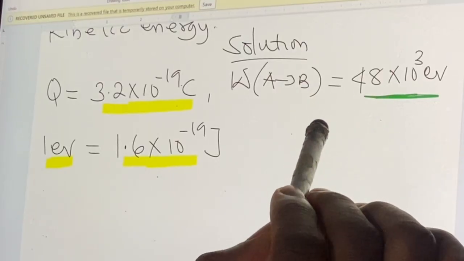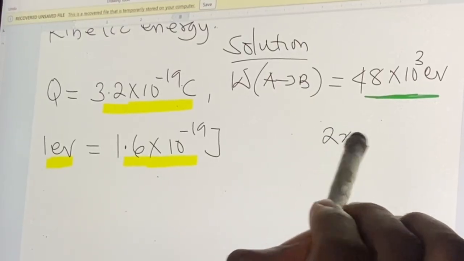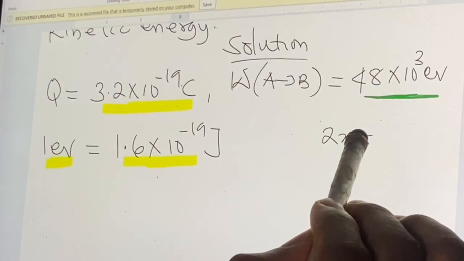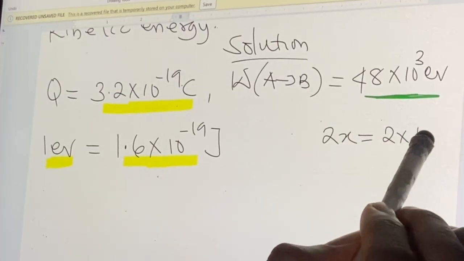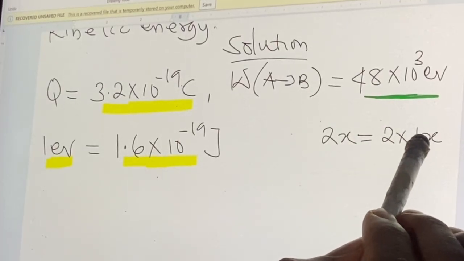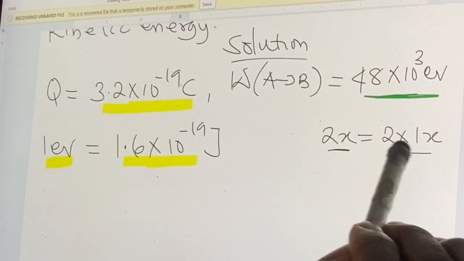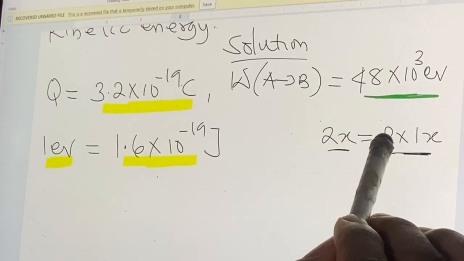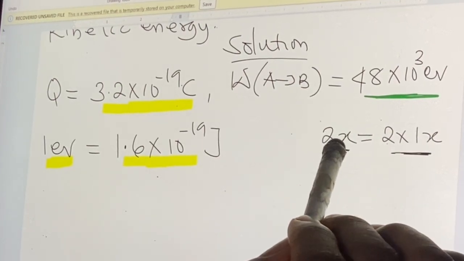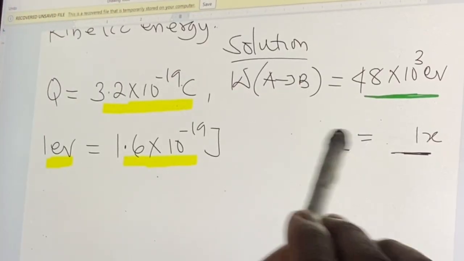If I have something like 2s, this can also be interpreted as 2 times 1s, though we don't have anything like 1s. But this can be interpreted as this, right? If you multiply this 2 times 1s here, you have 2s. So the same thing is applicable to this here, class.